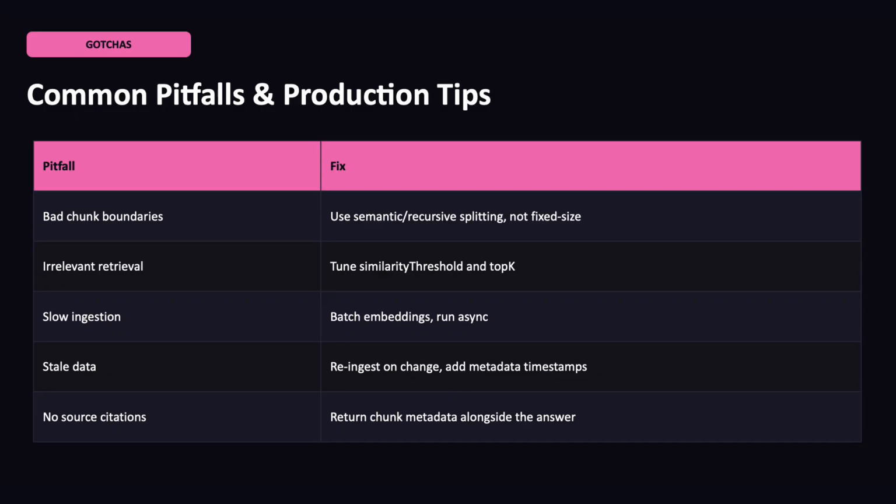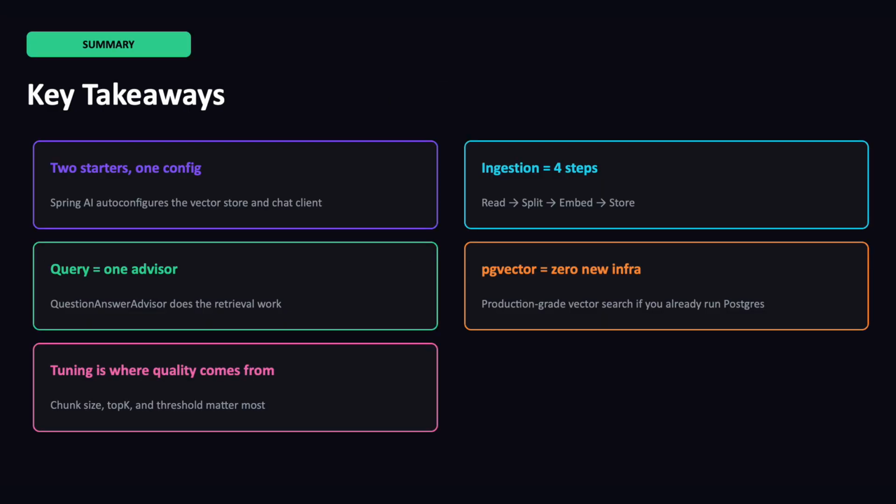You need a re-ingestion strategy, not a one-time load. No citations. This is huge for trust. Look at how Perplexity or Bing Chat show you exactly which source backs each sentence. Returning chunk metadata alongside your answer is what lets you do that same thing.